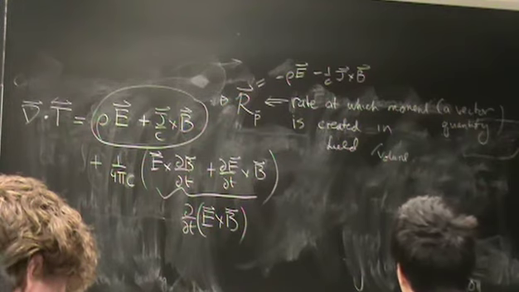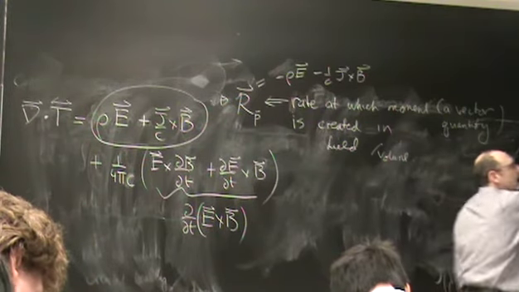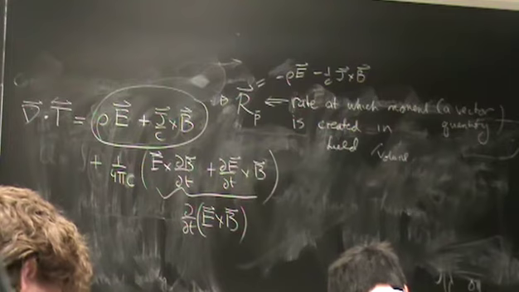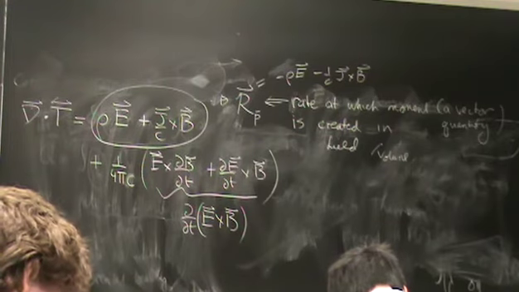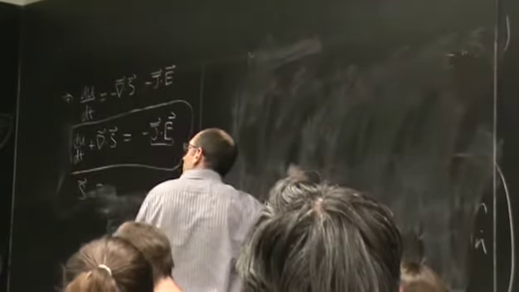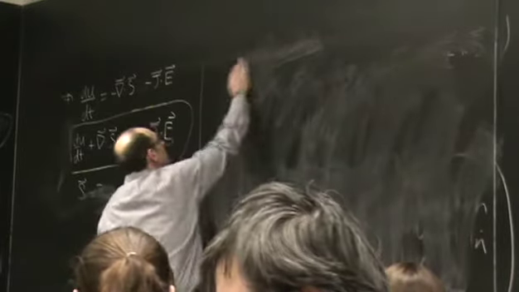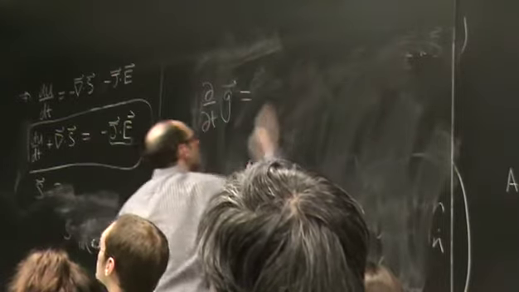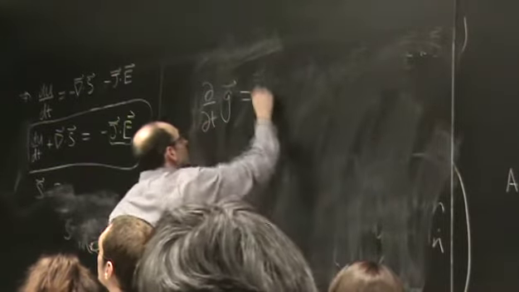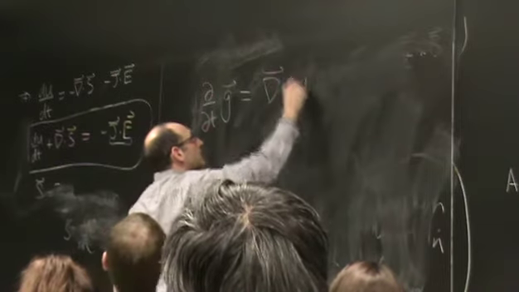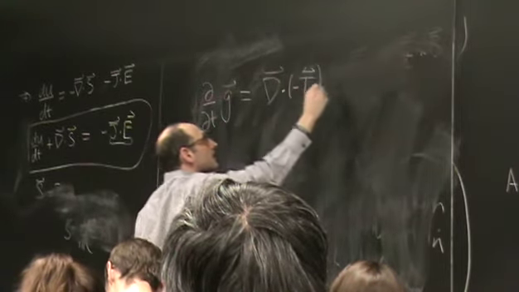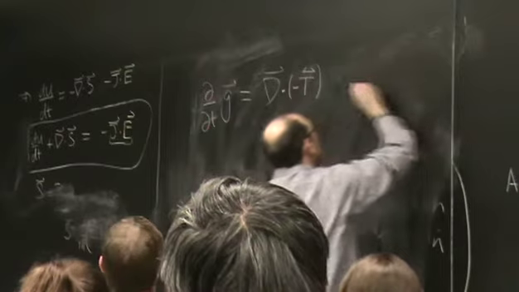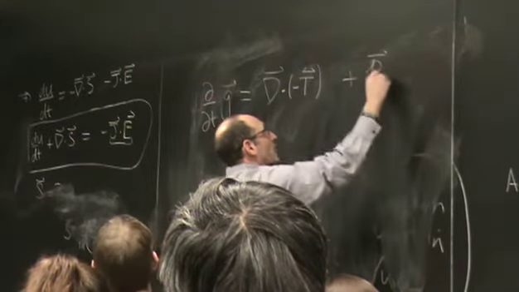So now we can solve this equation, or at least put it in a form that is in the form of a conservation law. It says the following. d by dt of G is equal to del dot minus T plus R momentum.